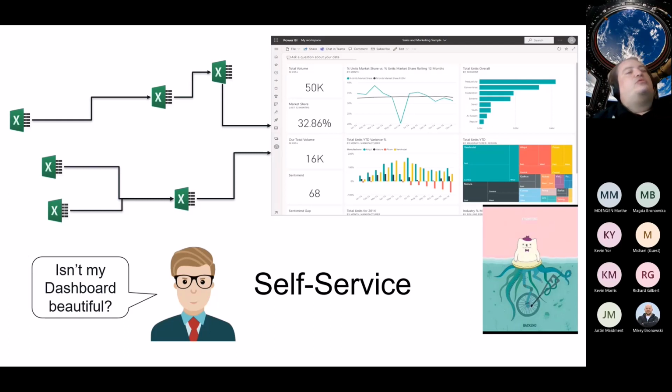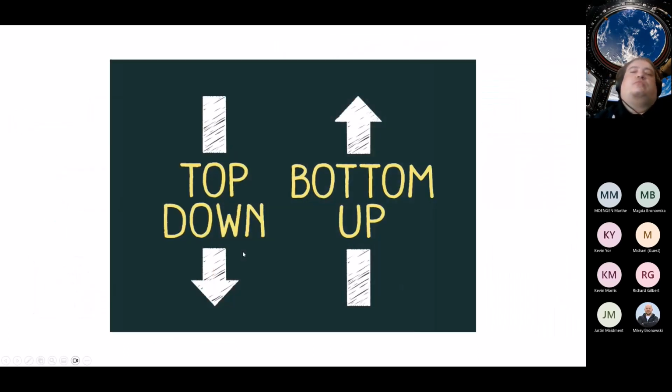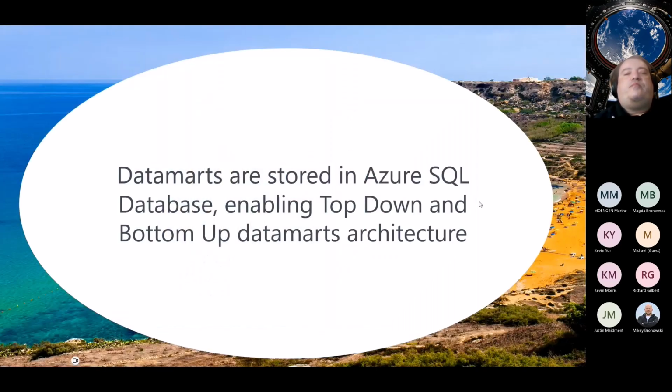The data mart would organize the data, which is badly distributed in Excel files. So the data marts allow us to apply the top-down approach or the bottom-up approach. These are two approaches that we can use with Power BI data marts.